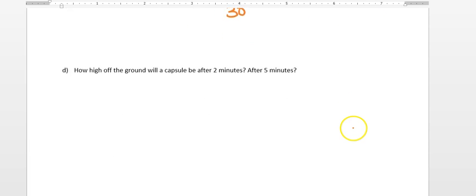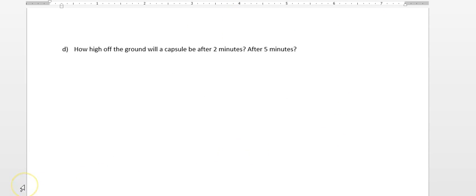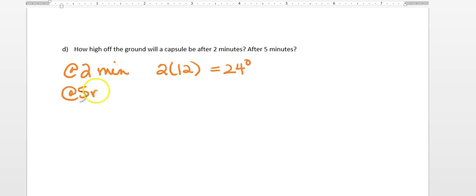So the last part here is about calculating how high the rider is. So at 2 minutes, you know that you've gone 2 times 12, which is 24 degrees. At 5 minutes, you know that you've gone 5 times 12, which is 60 degrees.